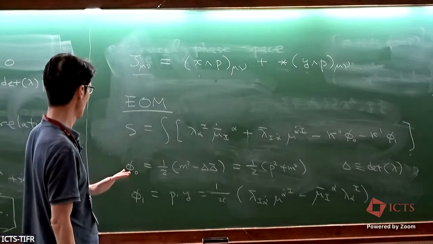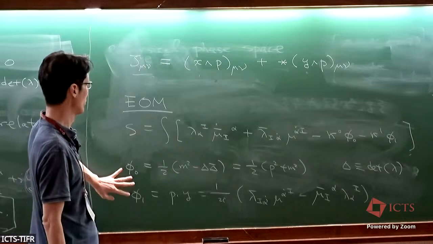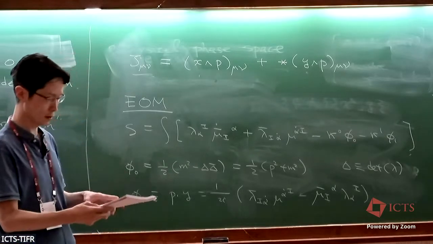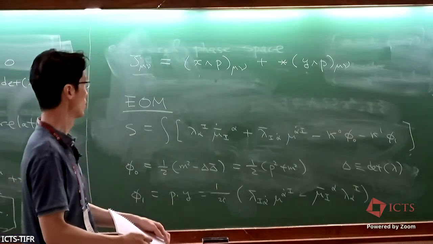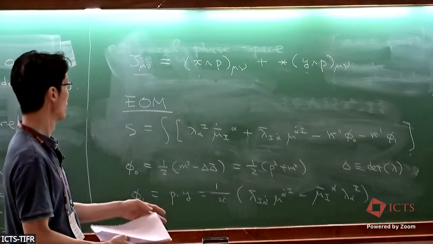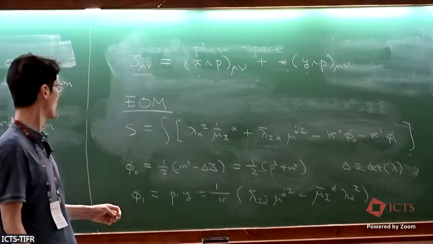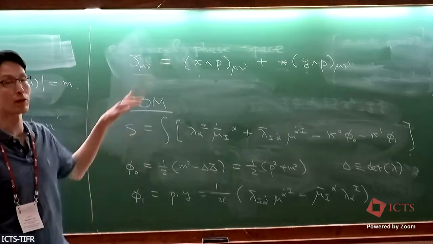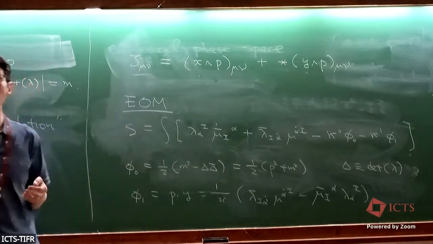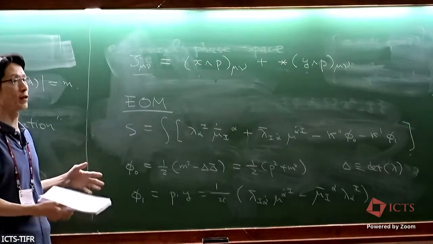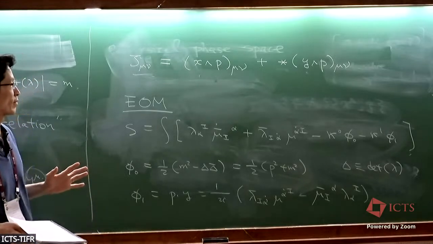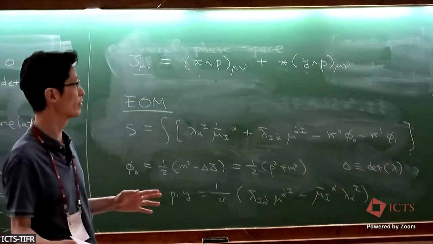And you can introduce some gauge fixing conditions for both of these. Well, this mass shell condition is common to both models, so there's no mystery there. For the other constraints, the situation is quite different between the two models.